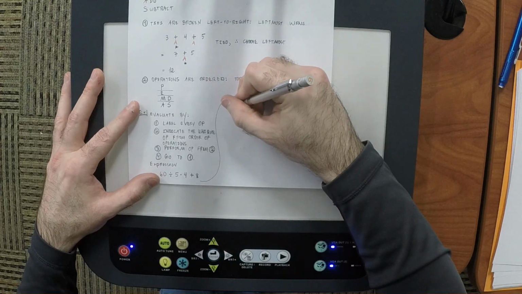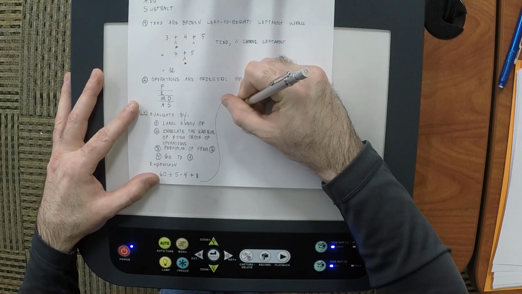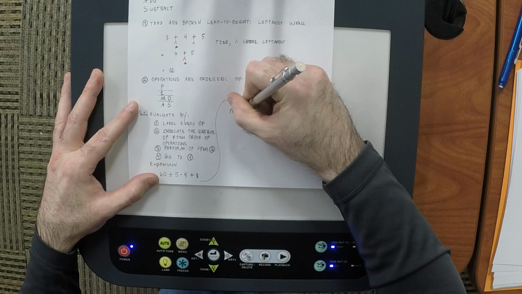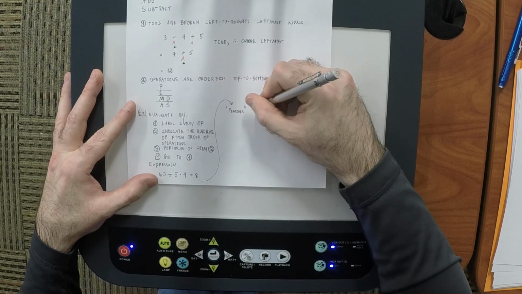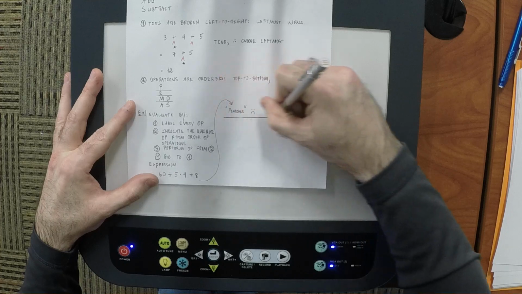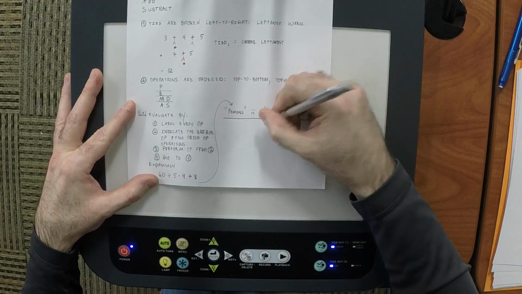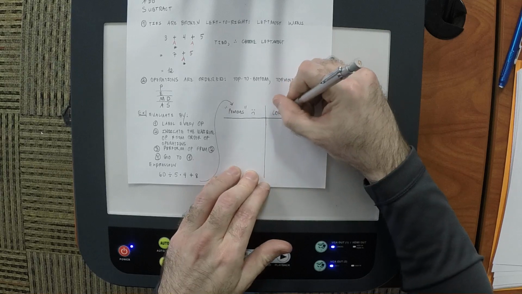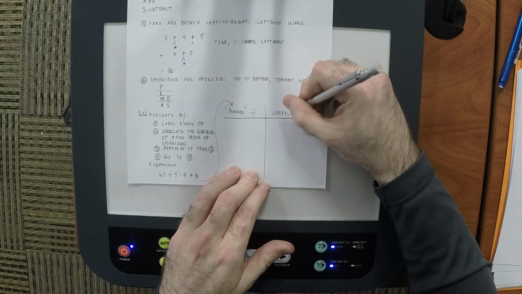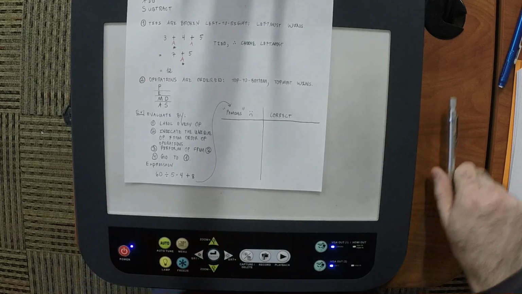So in this left column I'll do PEMDAS. So this one is incorrect. And then I'll do it the correct way. All right.